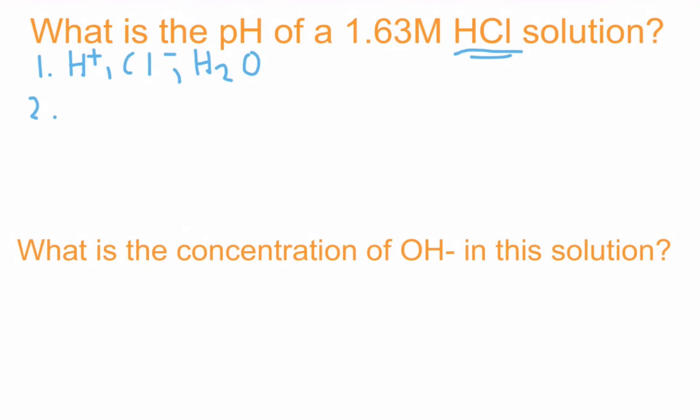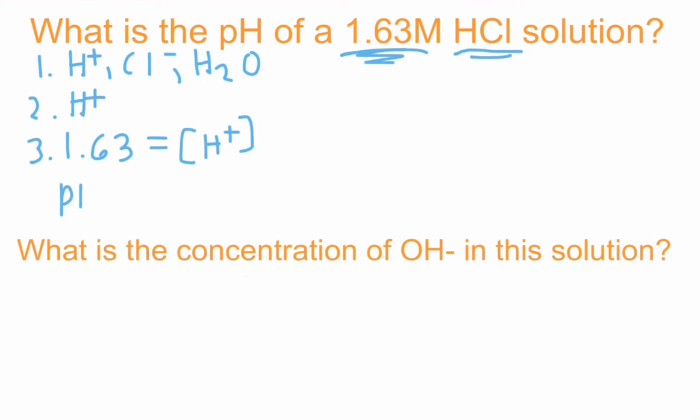Now, let's determine what our strongest acid in solution is. That would be our H+ or H3O+. And we want to determine that concentration, and because HCl completely dissociates into H+, we already know our concentration of H+, which is 1.63. And remember our equation, pH equals the negative log of our H+ concentration.